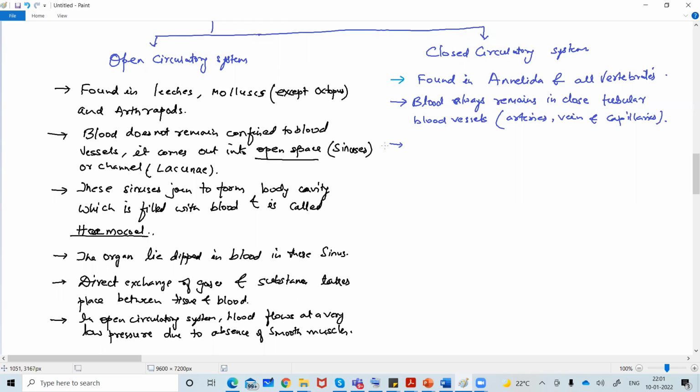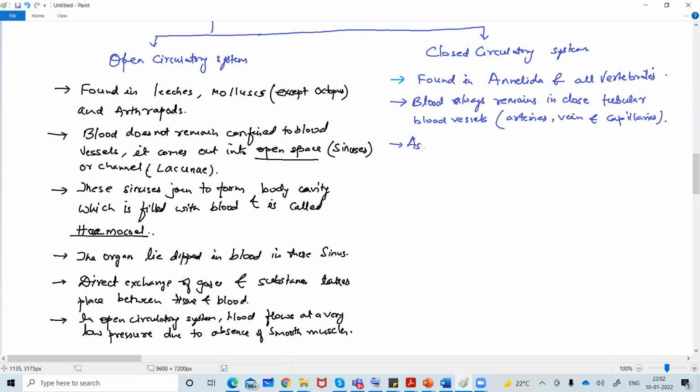Right. Next point. You will find that blood vessels have smooth muscles here. So due to presence of smooth muscles, blood flows at higher pressure due to regular contraction and expansion of the walls of the blood vessels. Because blood vessel walls have smooth muscles, they can easily expand as well as contract, so there is no problem. There is no chance of breakage in the blood vessels. Got it? That's a very important feature here.